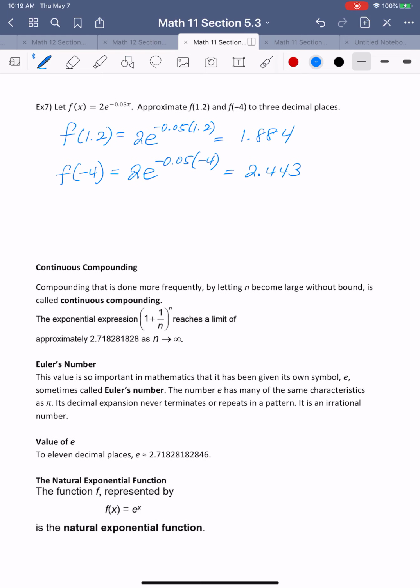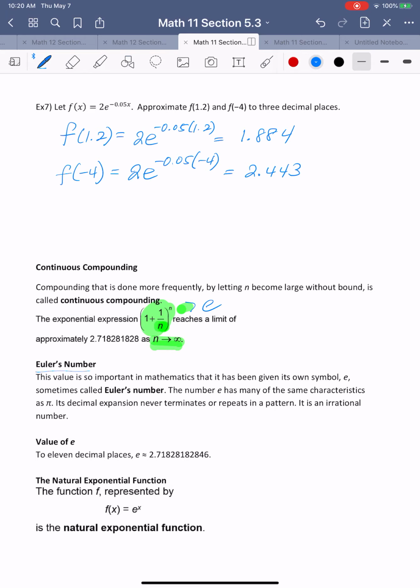Now, we also have the continuous compounding interest formula. This is actually when x goes to infinity, and this goes close to e. So that's why we use the Euler number. This value is so important.